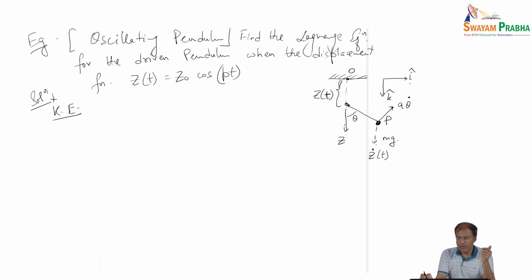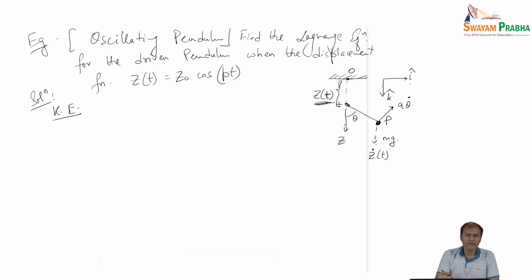Why? Because the pendulum is not fixed to a fixed support. It is a driven pendulum, which means that there is some sort of external force acting on the pendulum with which it is moving downward, and its vertical distance is z of t, right? So due to external forces, the energy of the system is not conserved. But fortunately, we can still write the Lagrange equations.